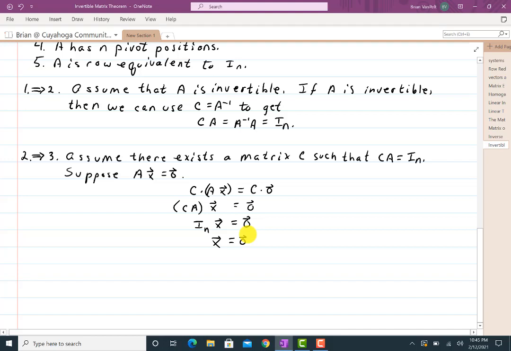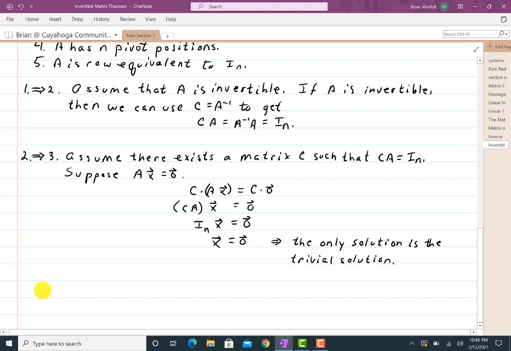That means that the only solution then is the trivial solution. So we've got 2 implies 3.